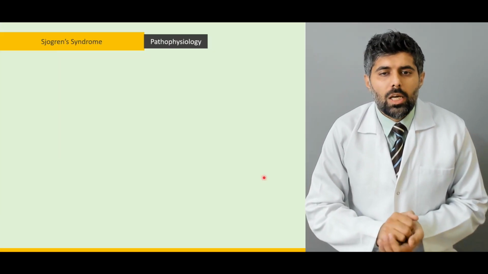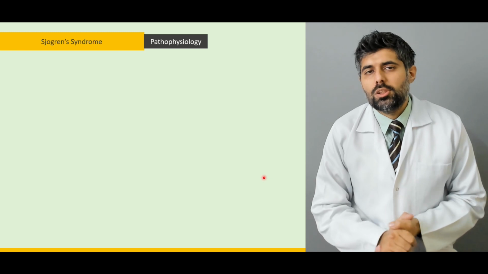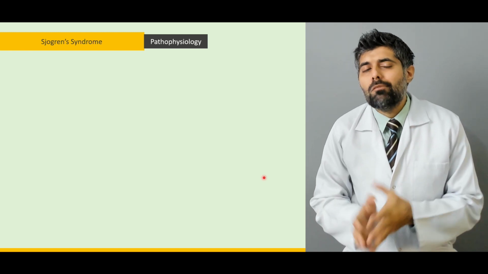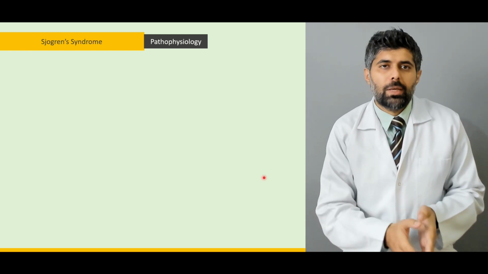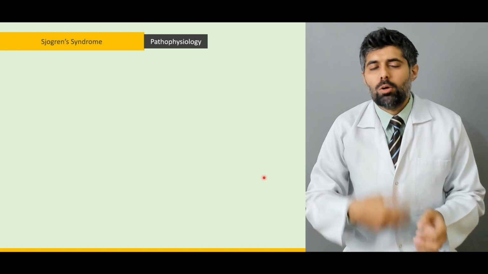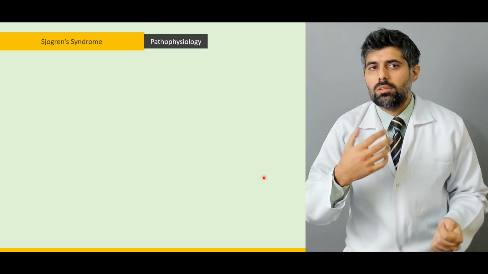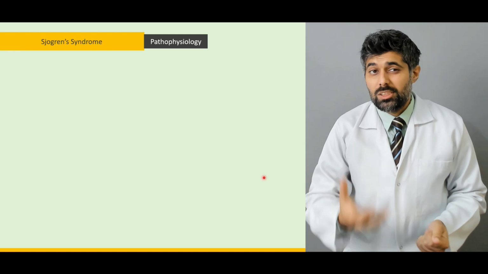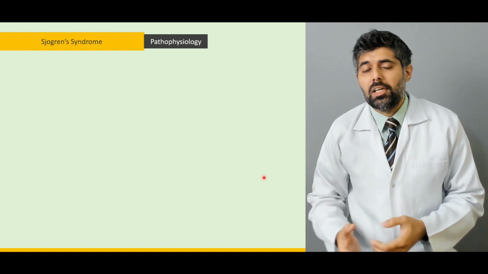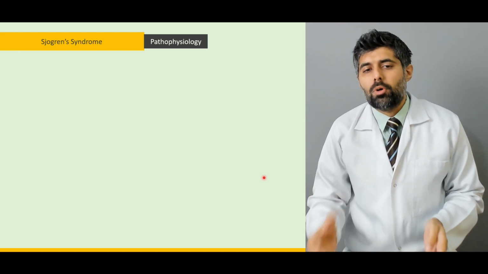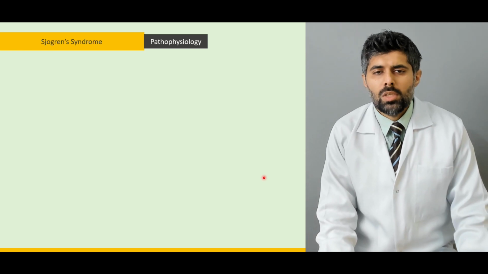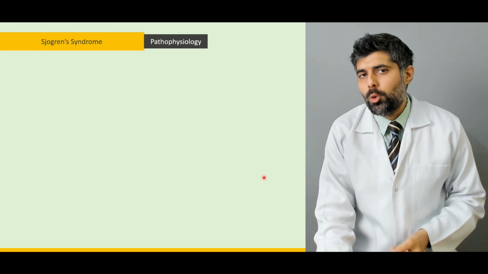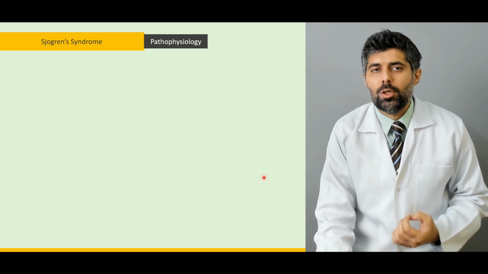So, in order to study Sjogren syndrome in more detail, we have to understand its pathophysiology: how Sjogren syndrome is triggered, what is the inciting event, and how it progresses. Now, the exact inciting event in any autoimmune disorder is never known.